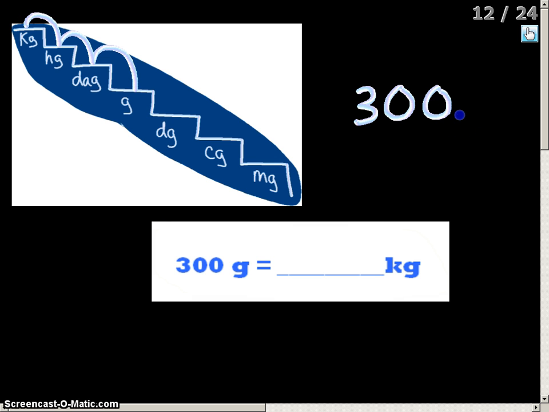Once again, the decimal is always understood to be to the right of the ones place. We're going to move this decimal to the left 3 places. 1, 2, 3. And why do we move it 3 places to the left? Because we went 3 steps up on my stair steps. So 300 grams equals 3/10 of a kilogram, or you could write 300 thousandths. Both of those numbers are equivalent to each other.